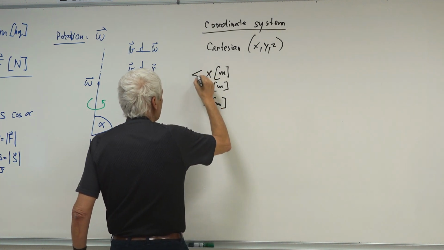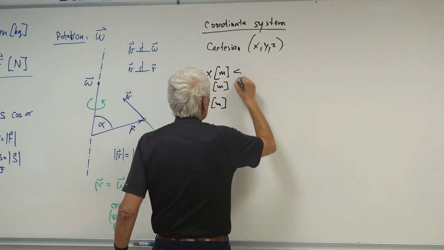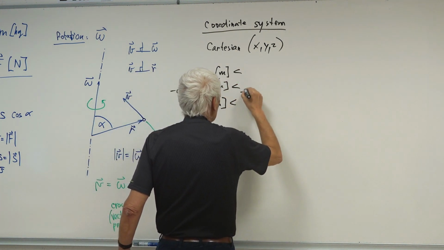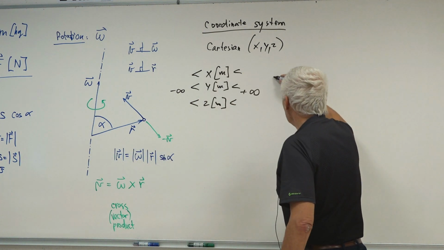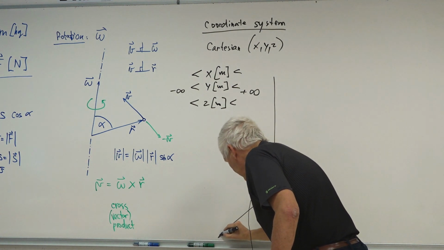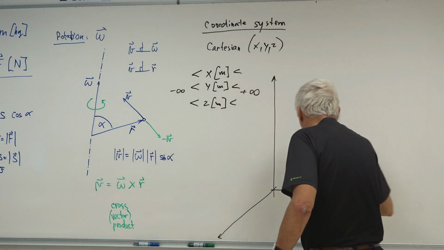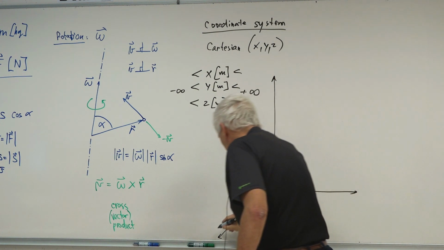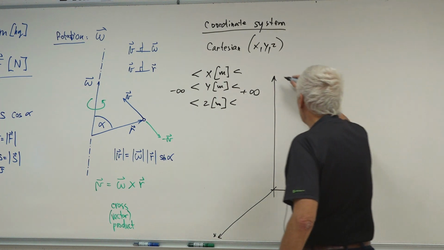And they can go from minus infinity to plus infinity. If I draw the axes, I'm trying to make a 3D drawing now on a 2D board. Axis x, axis y, axis z.